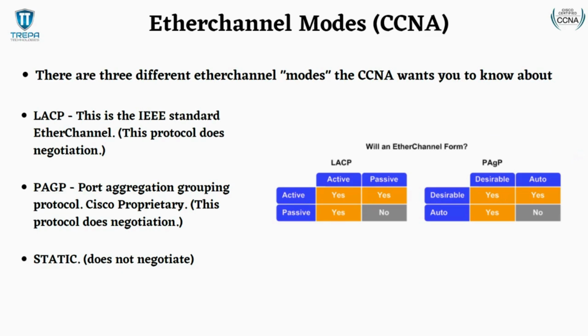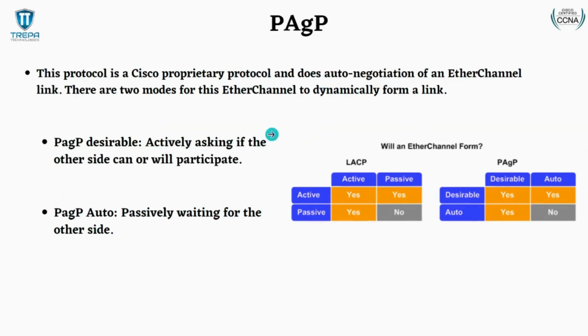Then we have two different actual modes within the individual mode that we're going to talk about. With PAgP, we have desirable and auto. When you place member interfaces into PAgP desirable mode, they're going to actively send negotiations out, meaning they're actively asking the other side if they will participate in the Etherchannel formation or in that channel group. Because when we form a channel group, we also have a number that both sides must conform to.